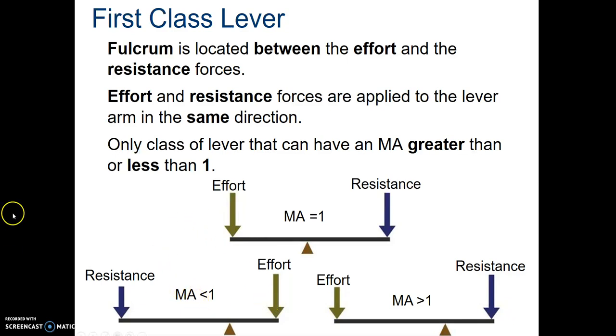Mechanical advantage less than 1 would mean that your effort force has to be greater than your resistance force, or the distance to your effort is less than the distance to your resistance. Both of those give you a mechanical advantage less than 1. And then how do you get a mechanical advantage greater than 1? Where it takes less effort to overcome a larger resistance.